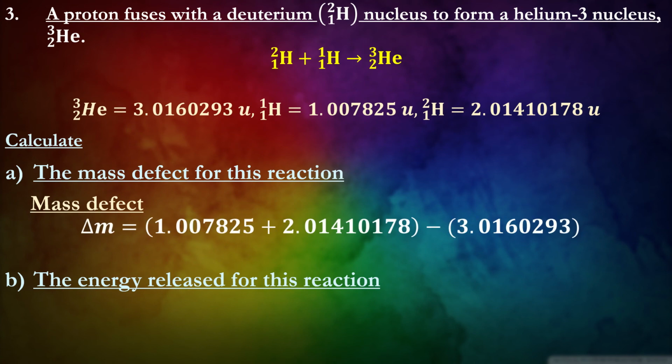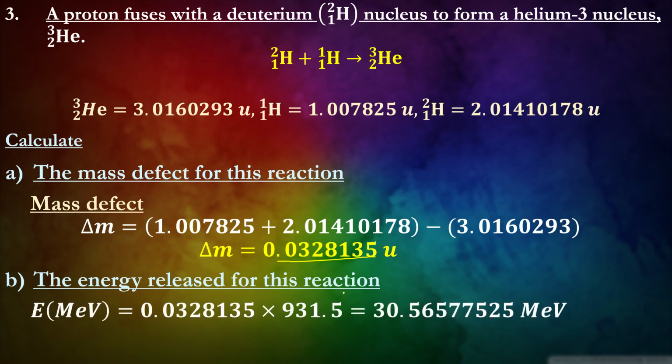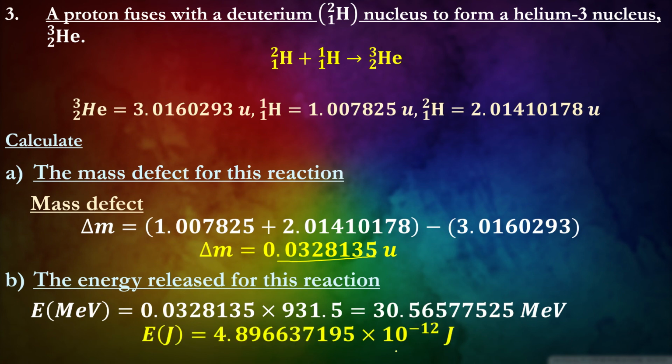So the mass defect that we get, again, is the reactants minus our products, or vice versa, in this case it just needs to be the change, is that value given to you here. And then what we have is the energy released for this reaction. Substitute it back into our formula. That's the total amount of energy we have, about 30.565 mega electron volts. To convert that into joules, we get this value here.